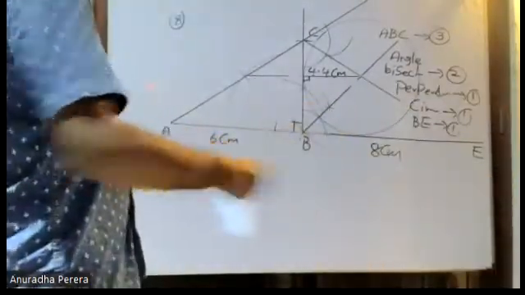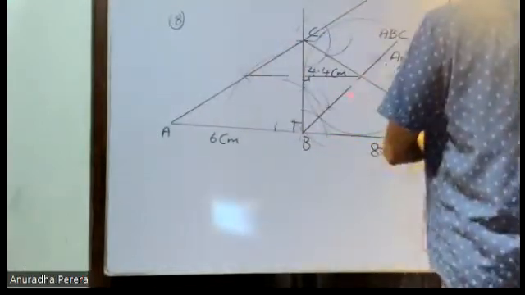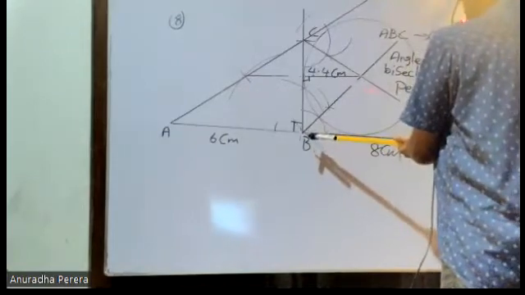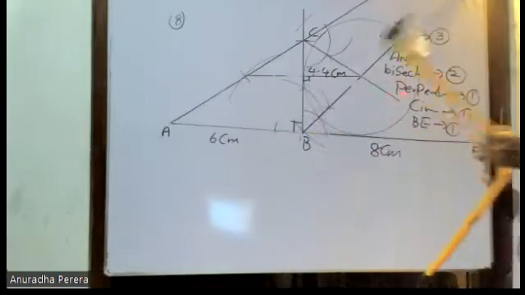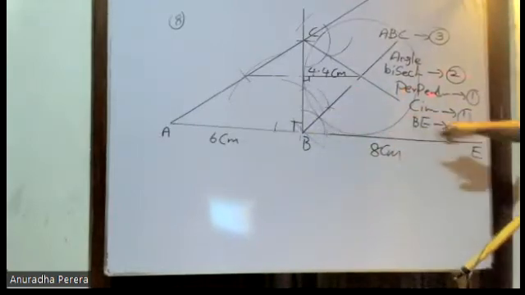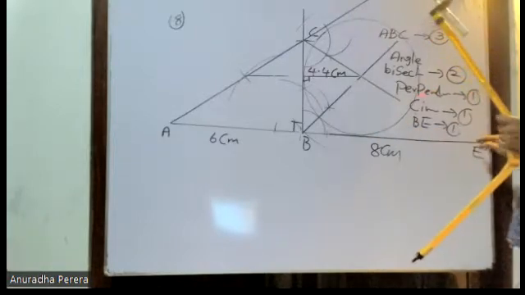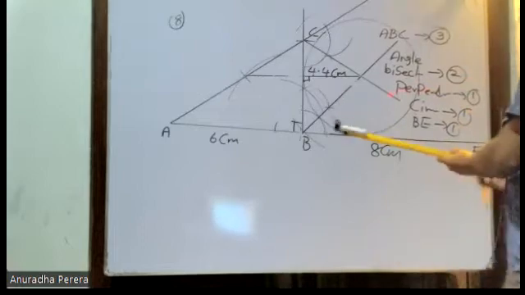How to construct this tangent? You know, EB is a tangent, then another tangent can be drawn. When drawing 2 tangents to a circle from an external point, these 2 tangents are equal in length.